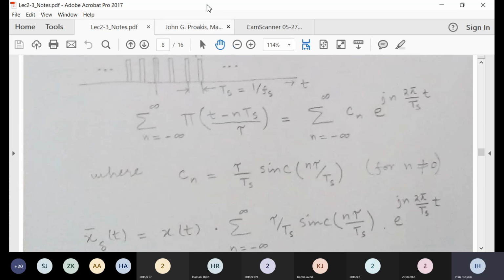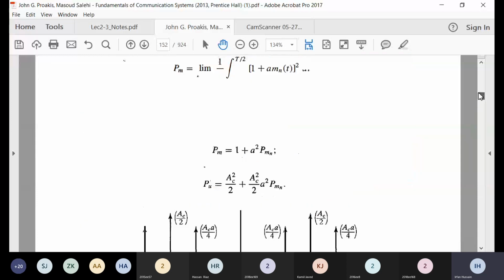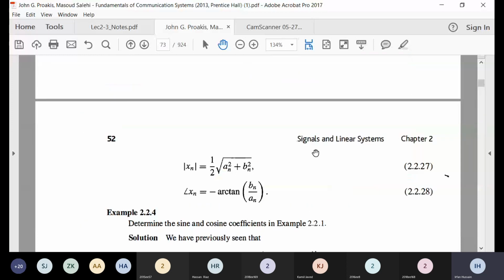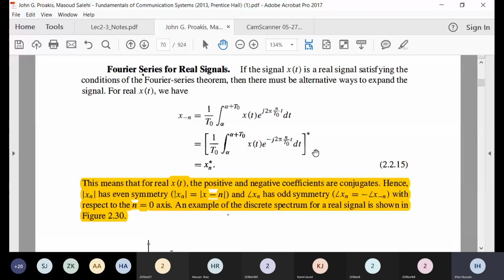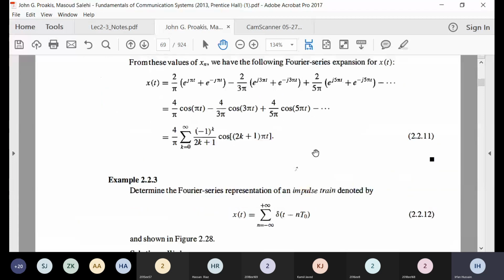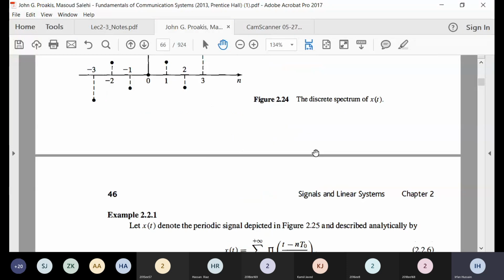Actually this we have studied in our previous lectures for chapter 2. A very important part, that what is the Fourier series of this one.